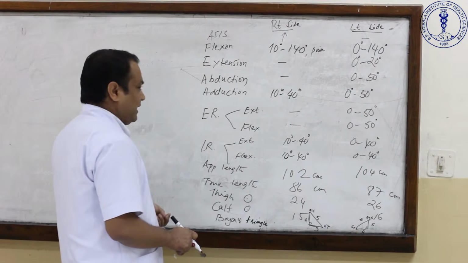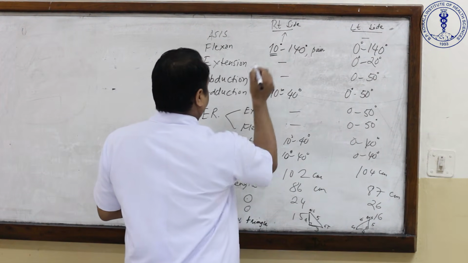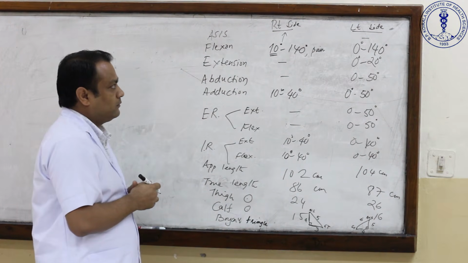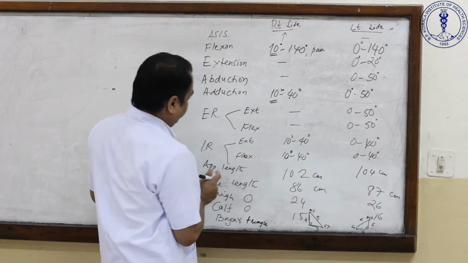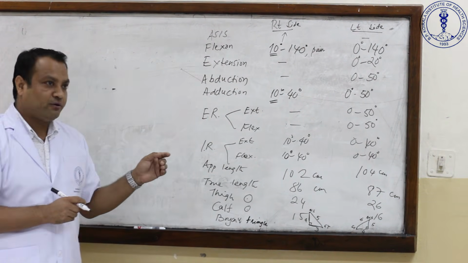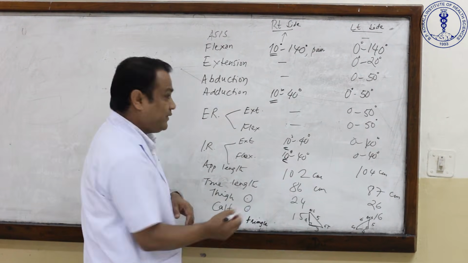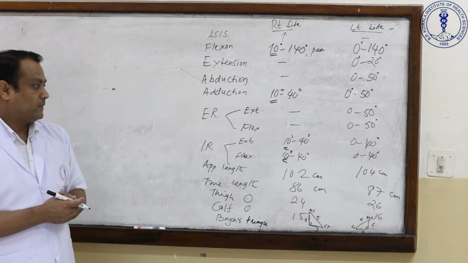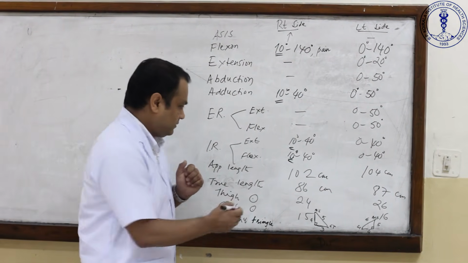In this example, I have given a hypothetical example. You see this, there is a flexion deformity, that is fixed flexion deformity of 10 degrees. In the adduction abduction axis, you have 10 degrees of fixed adduction deformity. Similarly, in the internal rotation and external rotation axis, you have 10 degrees of fixed internal rotation deformity, and there is true shortening by 1 centimeter.